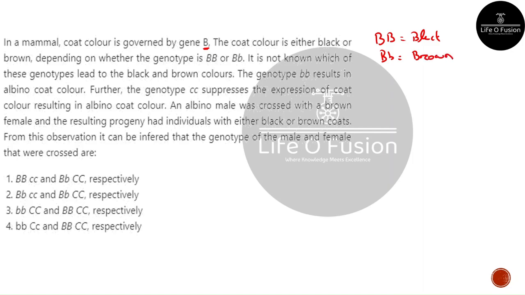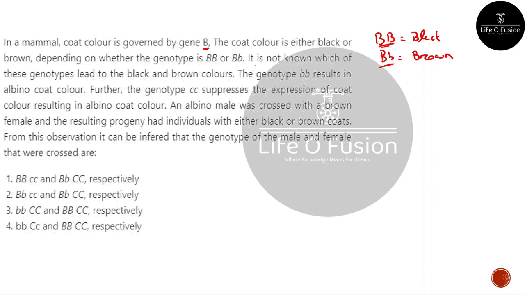It is not known which of these genotypes lead to the black and brown color. Mostly, you can say capital B black, capital B small b brown.